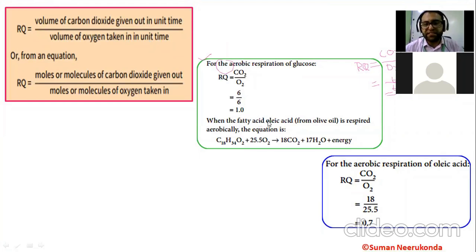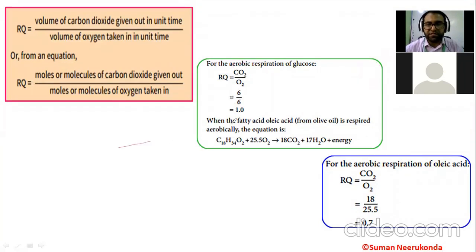When a fatty acid such as oleic acid is respired aerobically, the equation is like this. If you put these values in the respiratory quotient equation, you will get a different value for fatty acid.